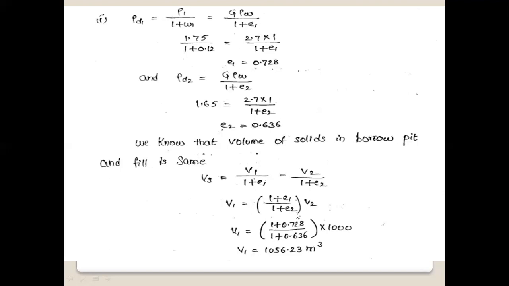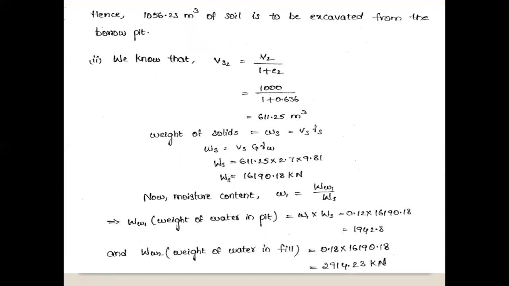Substitute E1 as 0.728 and E2 as 0.636, and V2 as 1000 cubic meters, and the final V1 value is 1056.23 cubic meters. Hence 1056.23 cubic meters of soil is to be excavated from the borrow pit.